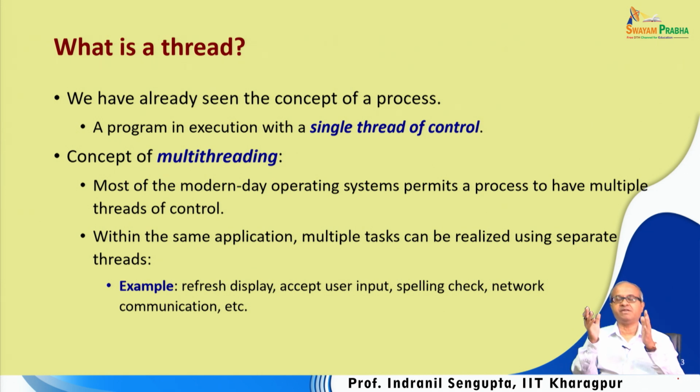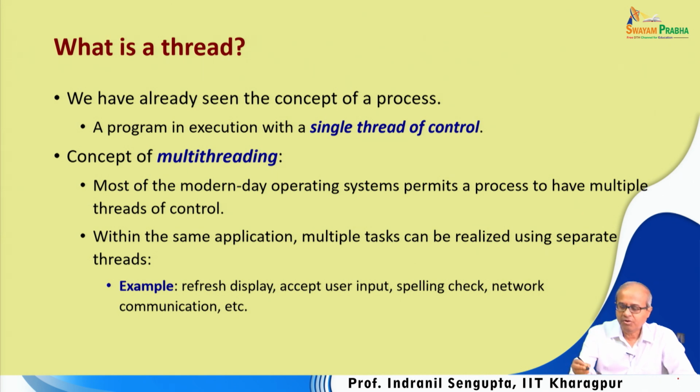As we said earlier, a process is a program in execution; a thread in a sense is also a program in execution, but at a slightly higher resolution as compared to a process, which will be clear when I explain.